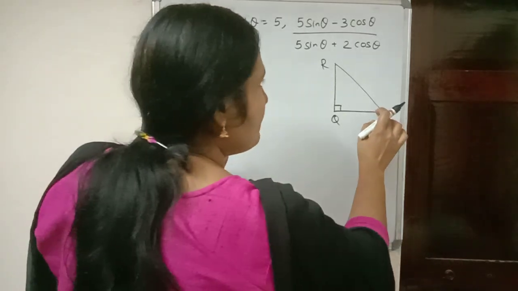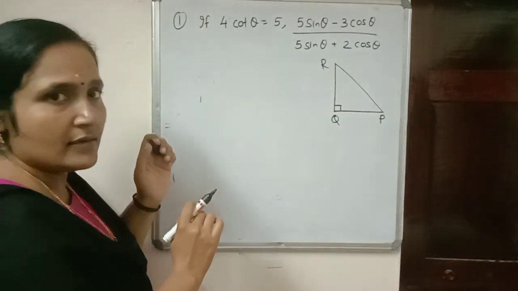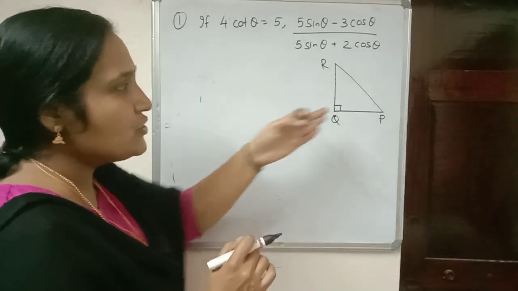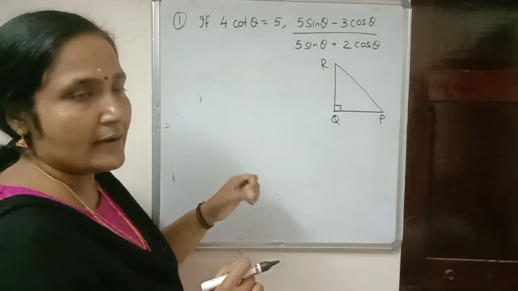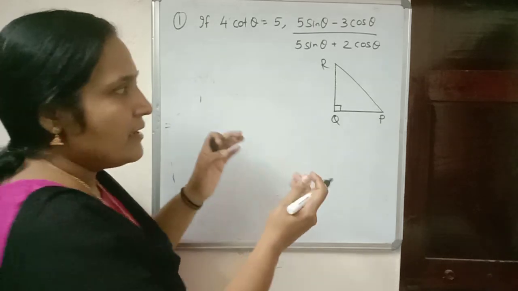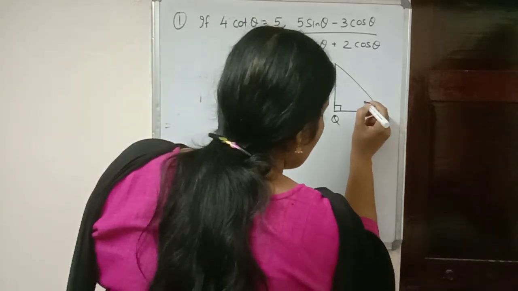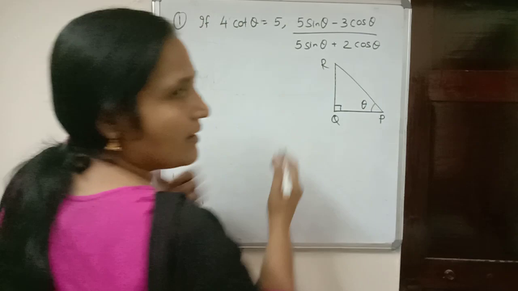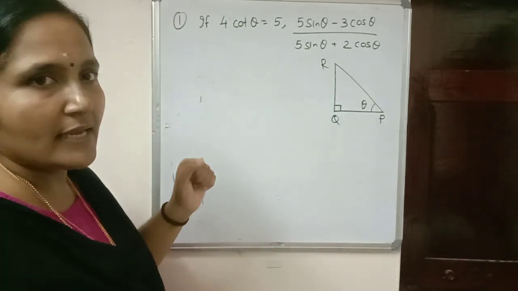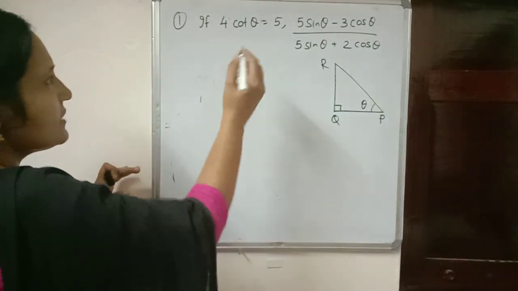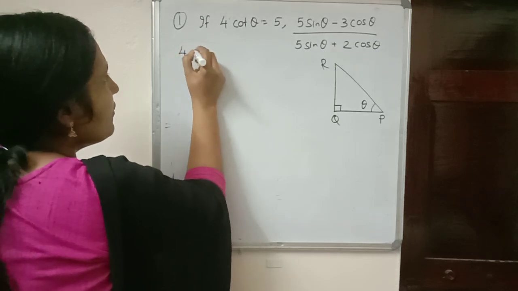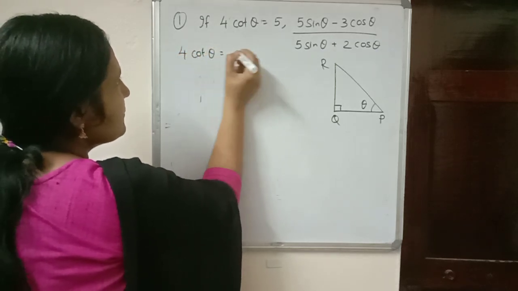So here we have P and R, two acute angles. It depends on us which one we take as theta. For our convenience, we will take the angle theta here, because in that case we can remember the formulas very easily. So first, what is the condition given? 4 cot theta is equal to 5.